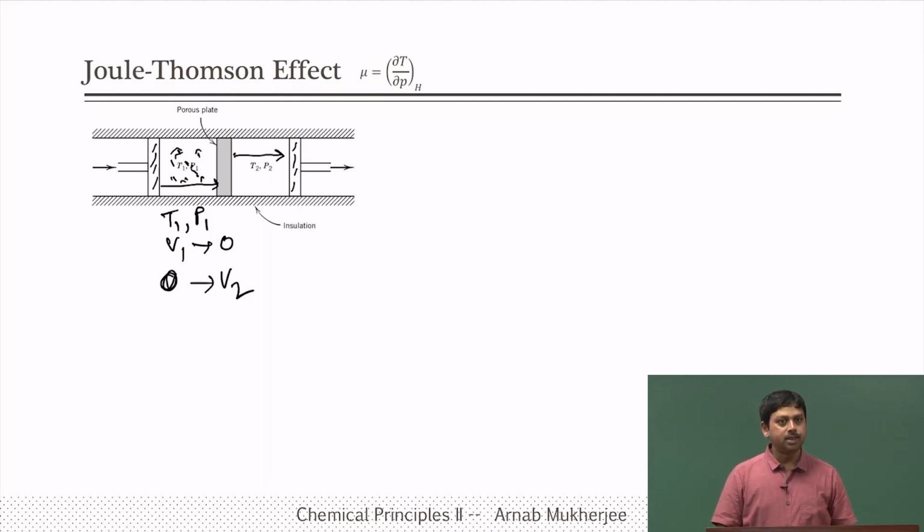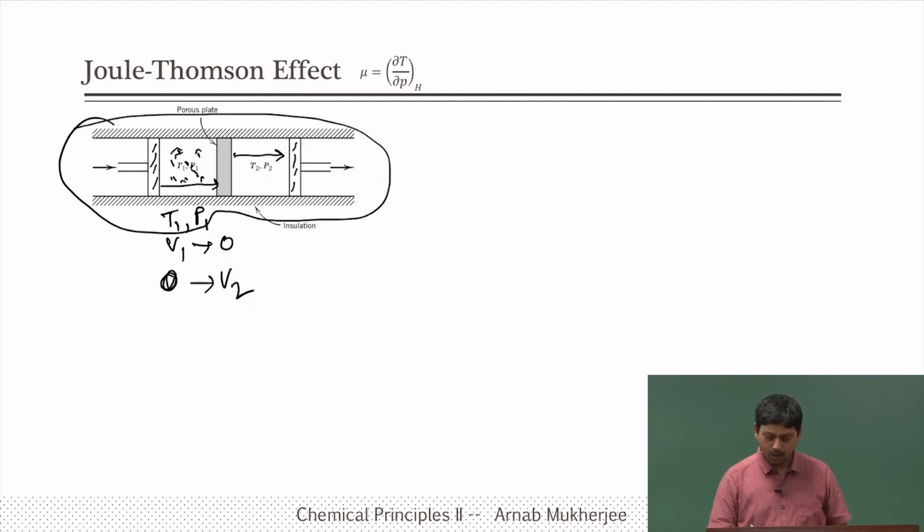Now let us see what happens in this particular situation. Again, the whole system is kind of isolated. So again we will use the first law, dU equals dq plus dw, but since dq equals 0, it is just dw. Now we have to calculate the work done in the whole process.